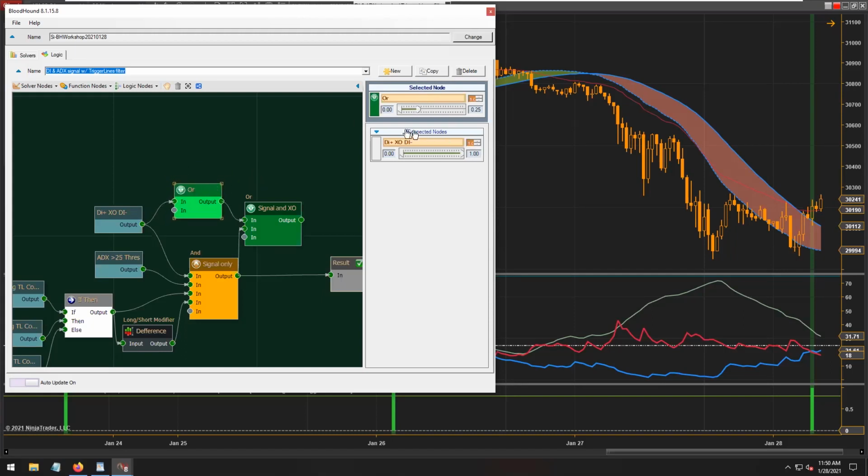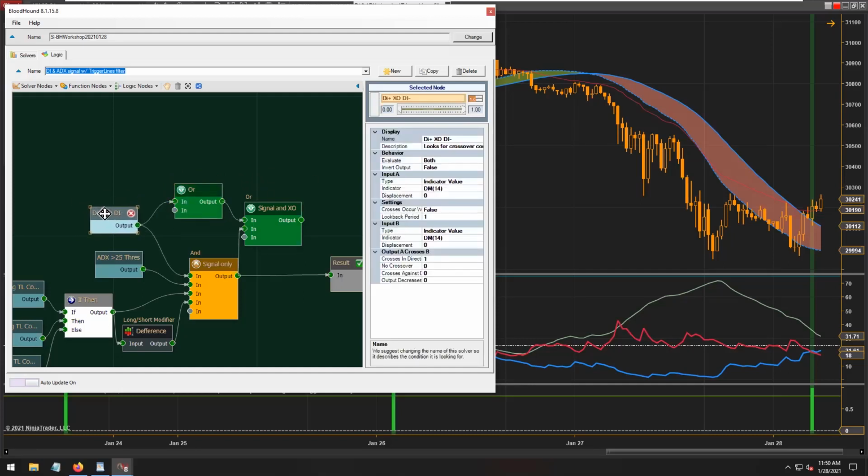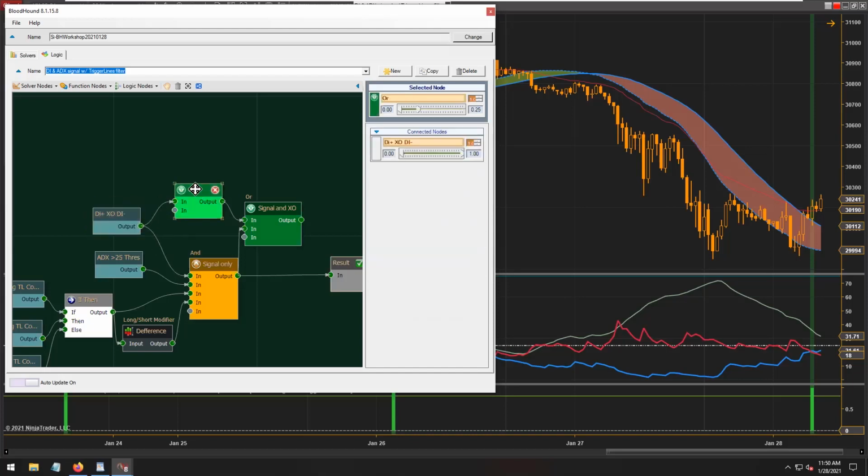And the ones down below are showing you what's connected into that. So this comparison solver is what's connected into this OR node, and I can tell by the name here: DI plus, crossover, DI minus. Sorry, this is a crossover solver here.